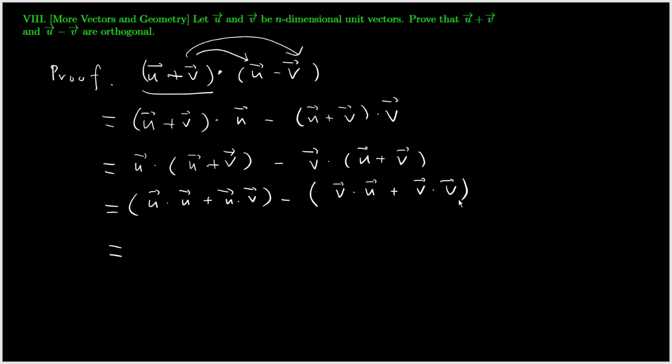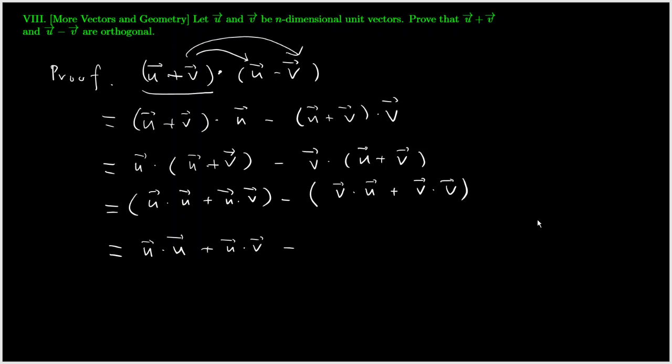Can you recall the dot product of two vectors is a number, right? So you have u dot u. Now we are going to get rid of the brackets, and then plus u dot v, then minus. In this step, I'm going to use the commutativity. u dot v is the same thing as v dot u.